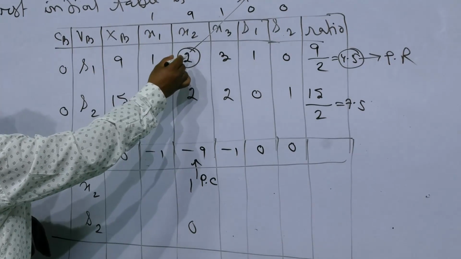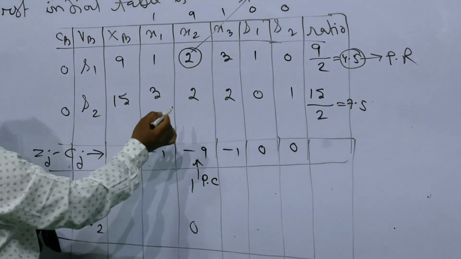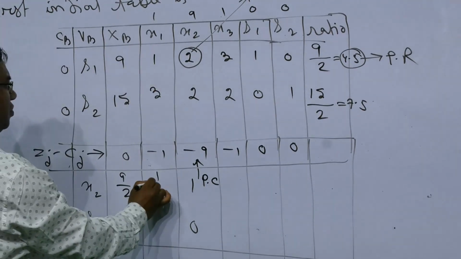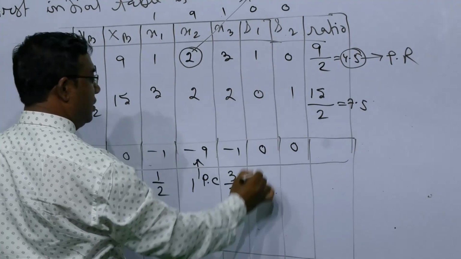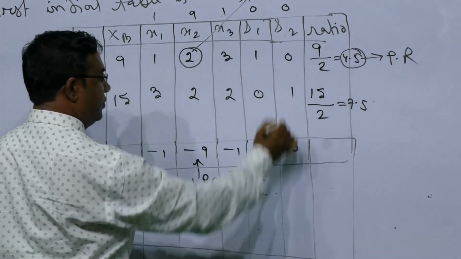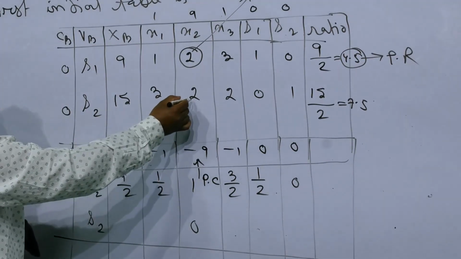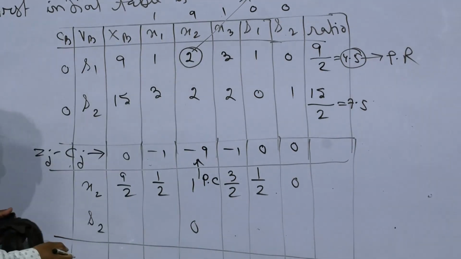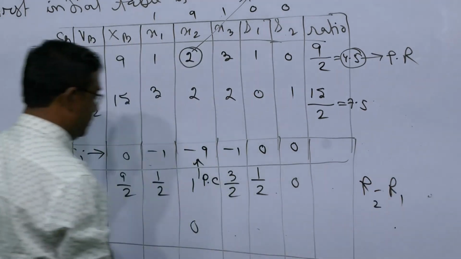How to change this to 1? You divide this row by this element. So it becomes 9 by 2, 1 by 2, then this is 3 by 2, this is 1 by 2, this is 0. Then for converting this to 0, we subtract the first row from the second row.